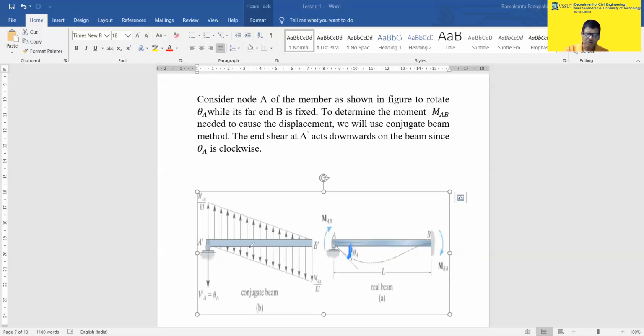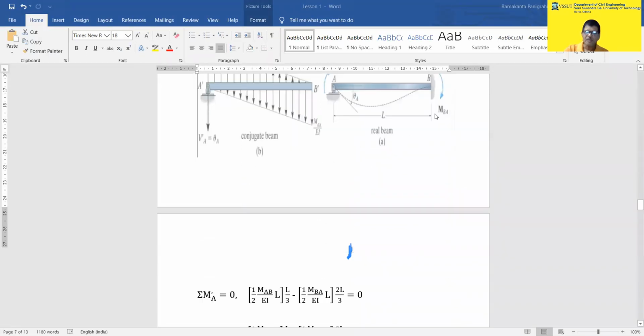In the conjugate beam method, the M by EI diagram becomes the load on the structure. You have also studied the conjugate beam method: the slope is equal to the shear force, and the deflection is equal to the bending moment at that section. Now we'll analyze this to calculate these moments.